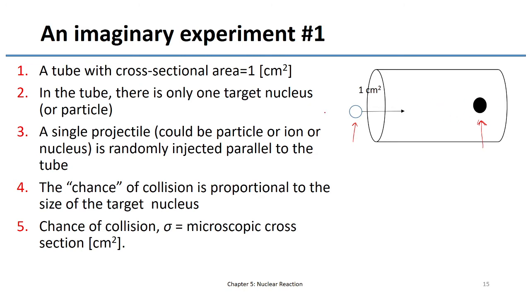The incident particle can be a neutron, proton, electron, or gamma ray, or even a nucleus. And the target, usually we refer to a nucleus. This one does not move, but this one is moving.